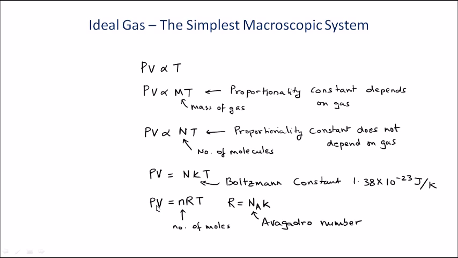Now, let's take a different approach and see if there is a microscopic basis for PV. So, given that a gas is made up of molecules, why is there pressure? Consider a box with gas in it. Say it's a rectangular box of length a, width b, and height c.